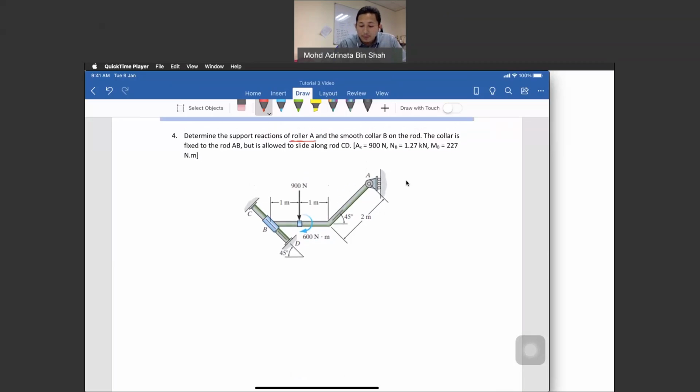And smooth collar B, on the rod, it will react normal to your body. The collar is fixed to the rod AB, but it is allowed to slide along rod CD. Okay, so the support reaction is normal to it.